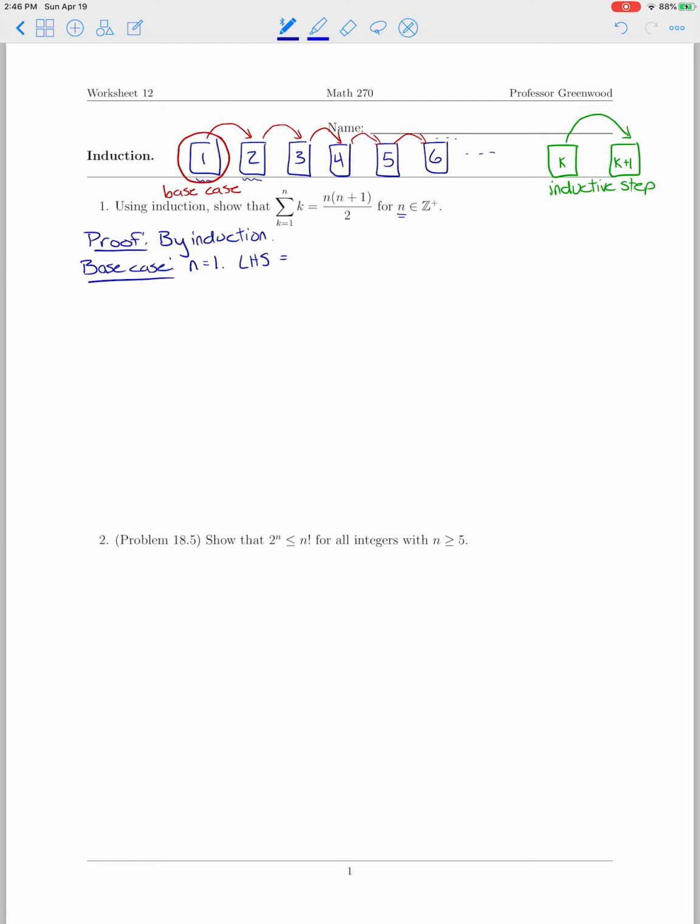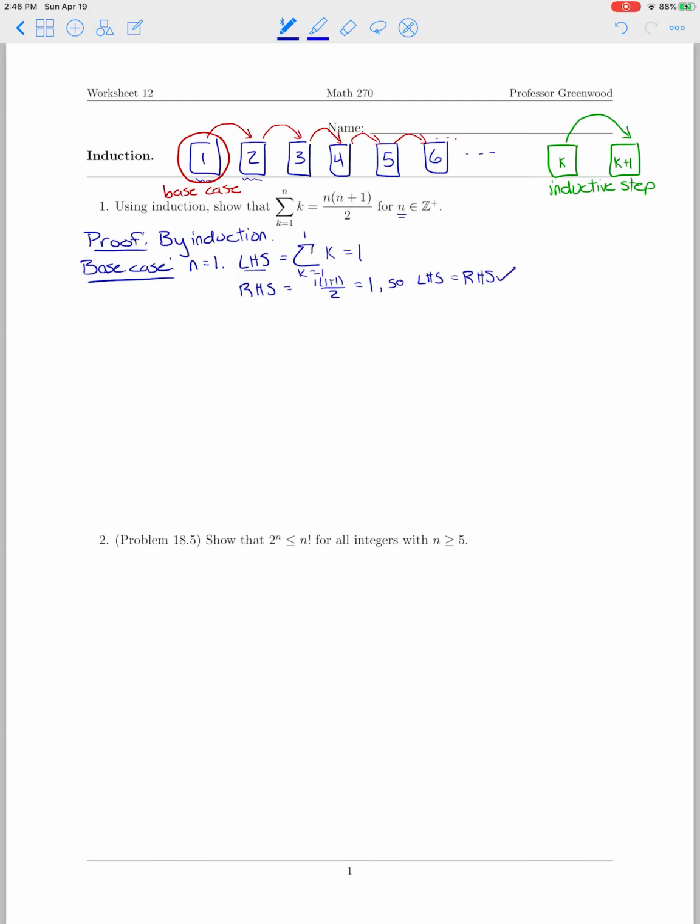And so in other words, I'm going to suggest that you explicitly write out that you're showing that the left-hand side when n equals 1 is equal to the sum from k equals 1 to 1 of k, which in this case is just equal to 1. And the right-hand side is equal to 1 times 1 plus 1 over 2, which simplifies again to 1. And so in this case, the left-hand side is equal to the right-hand side, and I'm done.